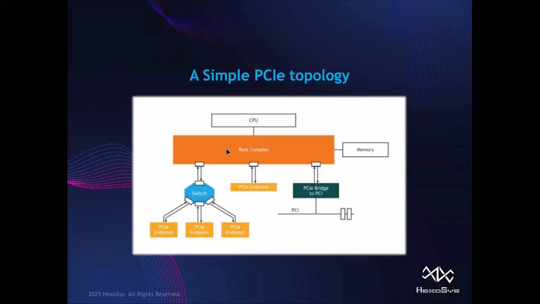From the other side, it provides separate connections, a different number of connections that can connect to different PCIe endpoints, which are PCIe devices, or it can connect to PCIe bridges or switches.